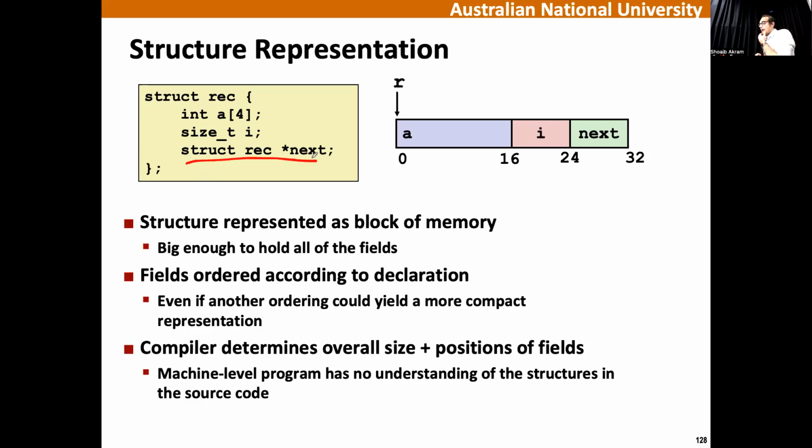Okay, and I can combine them together into a single type called record. Where might you use a structure like this? A linked list, where each record has a pointer to the next record. Okay, this is how you create linked lists in C. So now I have an object called record. This is poor man's object-oriented programming.